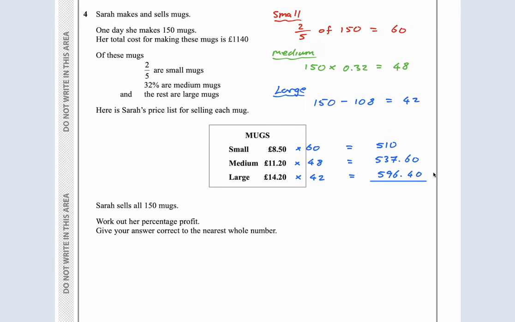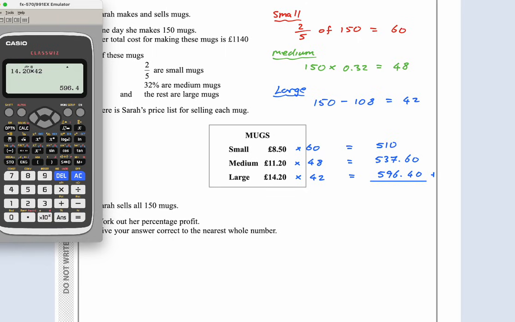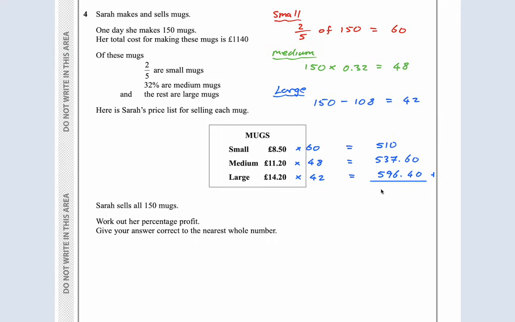Now I'm going to add these up, which will give me the total amount of money that she, well, not her profit, but the amount of money that she takes in on that day. So it's this plus 537.60 plus 510, which is 1644. So this is 1644.